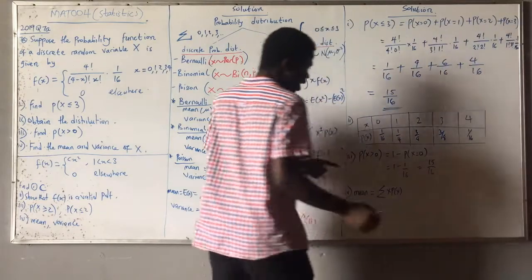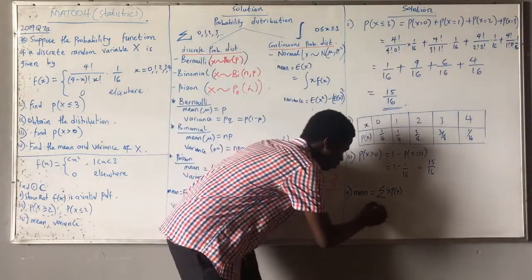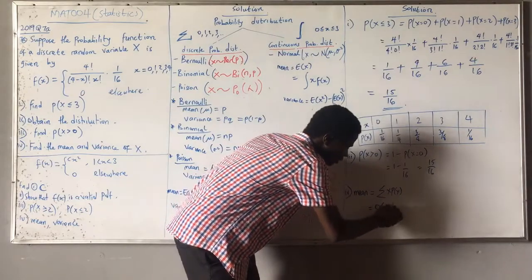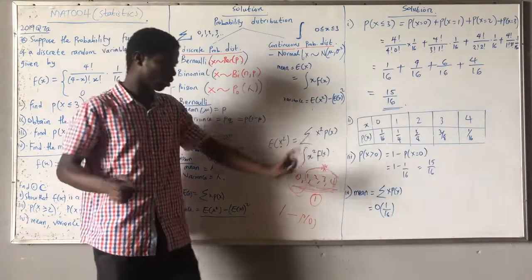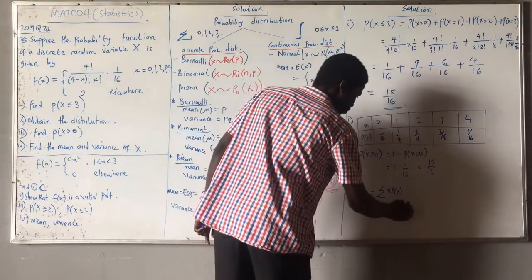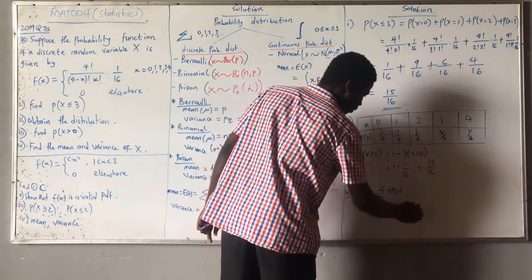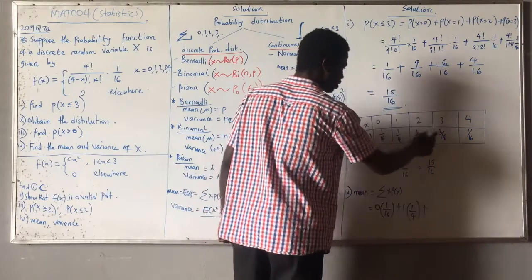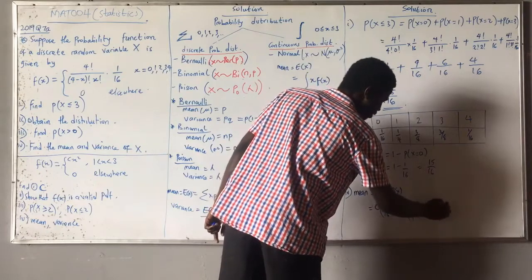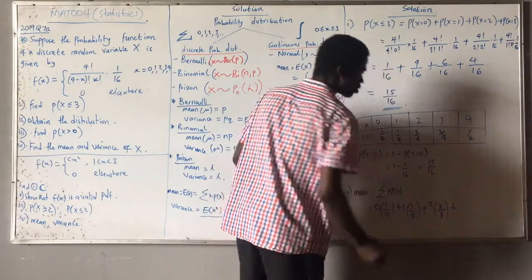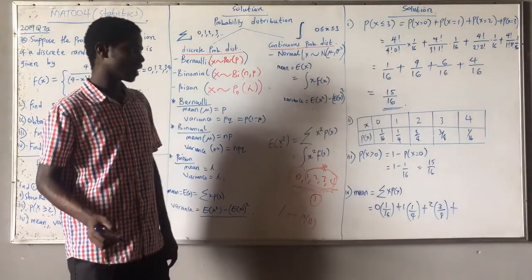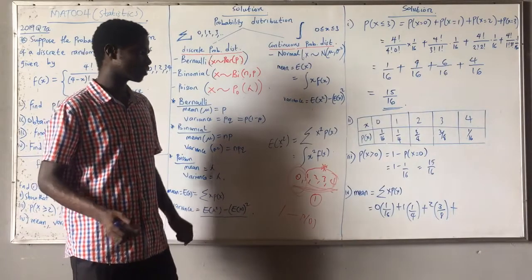So I will have 0 times 1 over 16, plus 1 multiplied by 1 over 4, plus 2 multiplied by 3 over 8, plus 3 multiplied by 3 over 8.